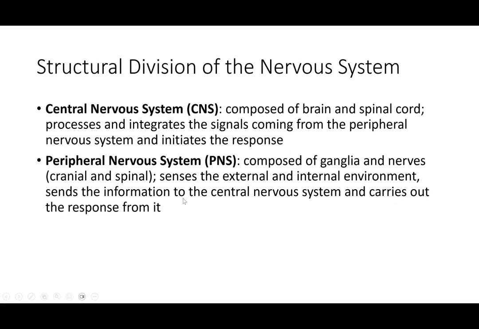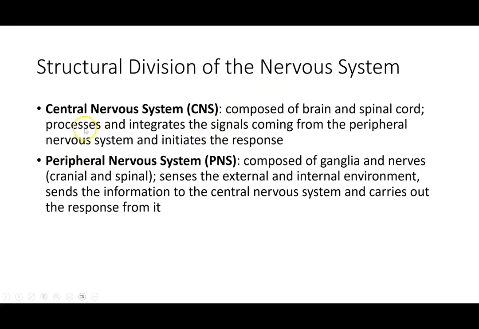All right, so we do have different ways of dividing up the nervous system, and usually those are going to be grouped into structural divisions and then functional divisions. So structural divisions of the nervous system are going to be broken up into the central and peripheral branches of the nervous system. So the central nervous system, or CNS, is just the brain and spinal cord.